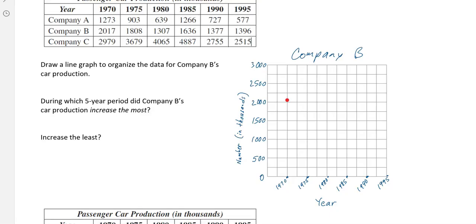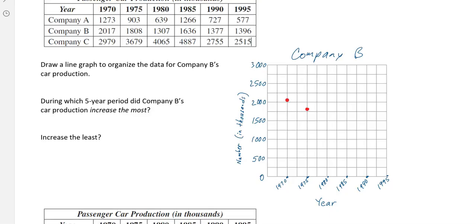In 1975, 1808. So there's 1500, this would be 1750, so probably about there, somewhere in there. 1980, we're looking at 1307.